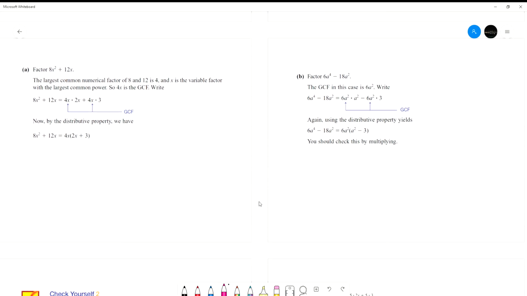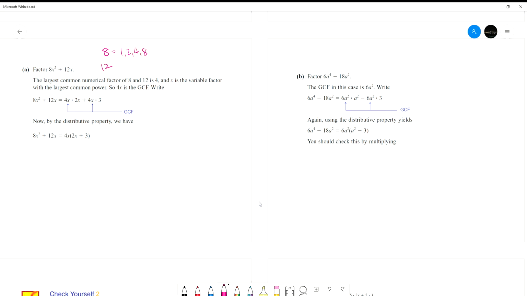Alright, so we're going to factor 8x squared plus 12x. Two terms here, right? So we have to look at the numbers first, 8 and 12. Factors of 8 are 1, 2, 4, 8.